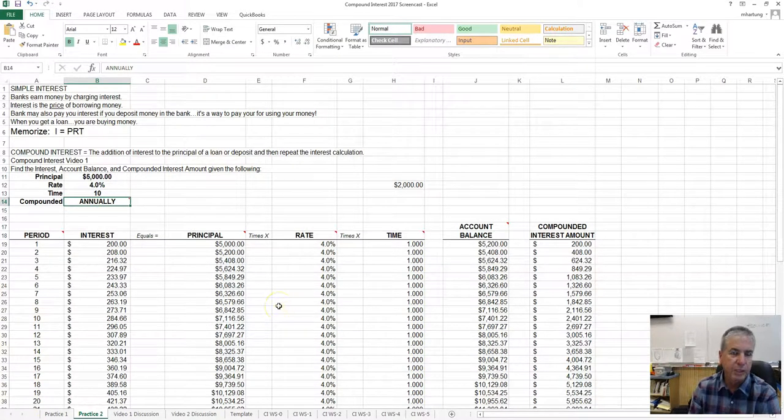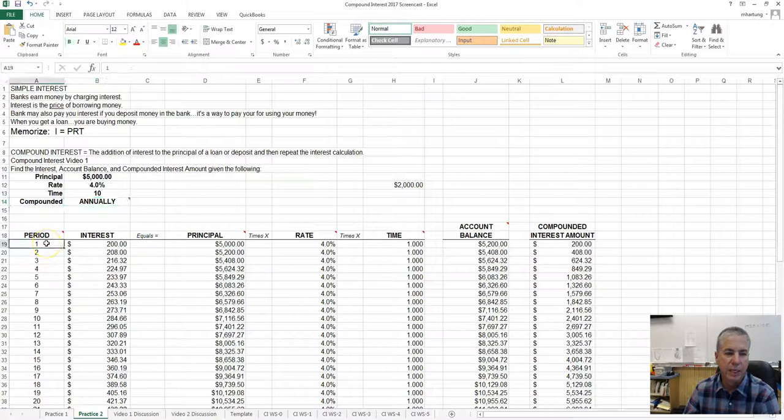What we need to understand about that is that when we say the compounding is annually, that means we're going to apply simple interest just one time in a year. So we're going to invest this $5,000 at 4% for 10 years, and it's going to be compounded once a year, annually.